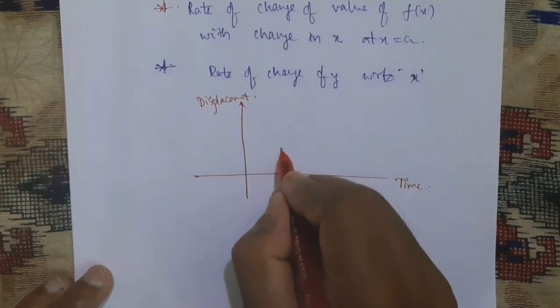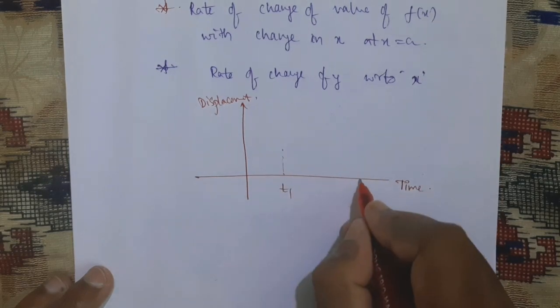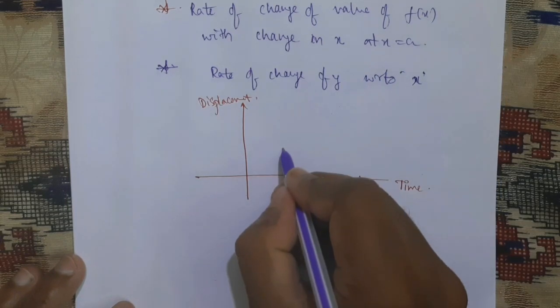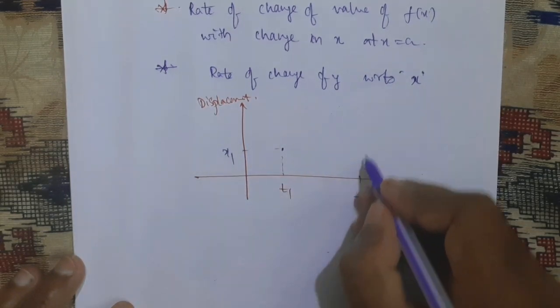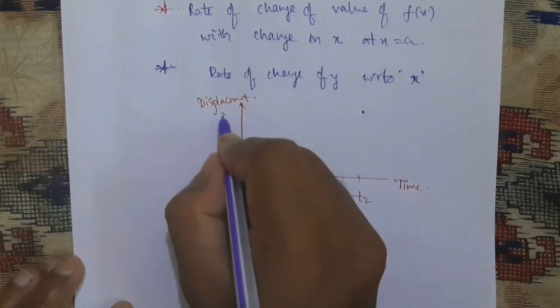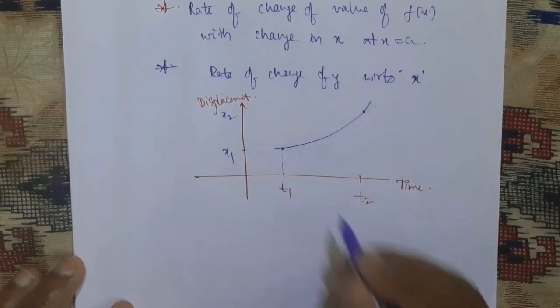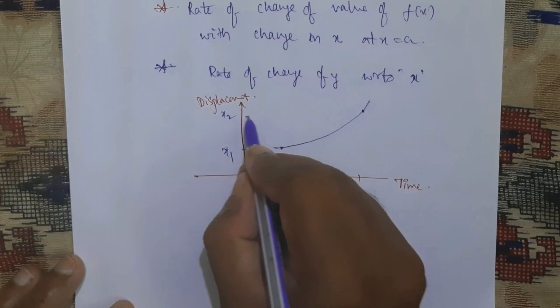At some point I will consider some t1, and this is some t2. The displacement at t1 you consider as x1, and at t2 as x2. As the graph is going on like this, displacement at t1 is x1, displacement at t2 is x2.